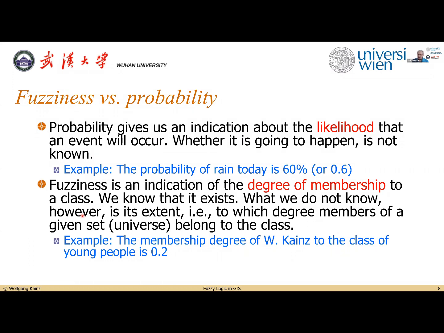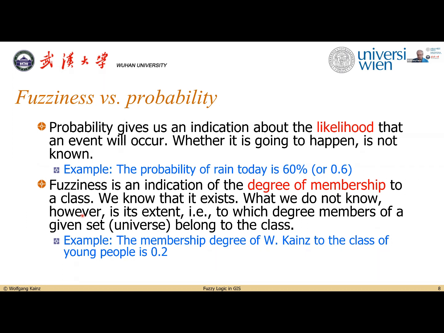So the difference is that in probability theory, probability gives us an indication about something might happen, or the likelihood that an event will occur. Whether it's going to happen or not, we don't know. We can say, or the meteorological office can say, the probability of rain today is 60% or 0.6, but it might rain or it might not rain. We don't know. It depends on the development of the weather, but the probability is 0.6.